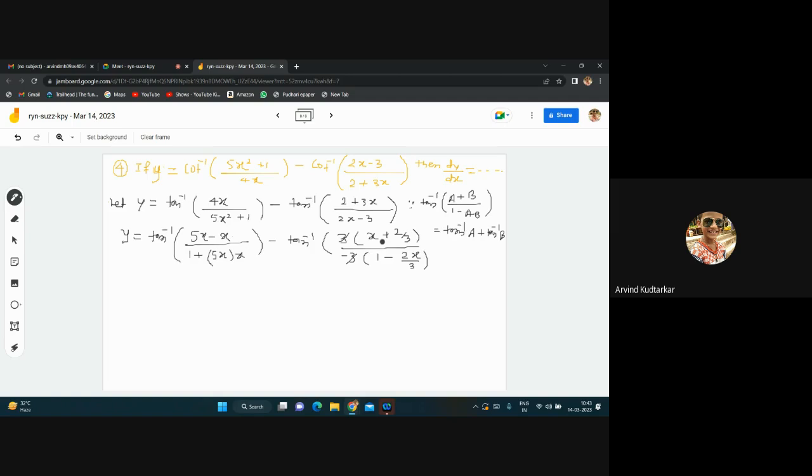Suppose there is a negative sign, then here it becomes plus. So you will get the form tan inverse of a minus tan inverse of b. Both these formulae you have to apply. So y equals tan inverse of 5x minus tan inverse of x. Okay, minus.